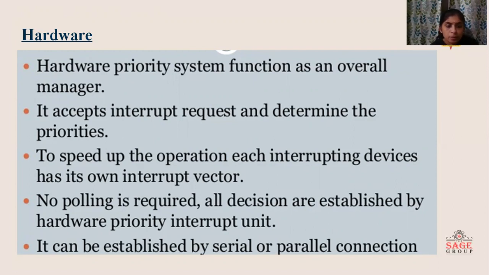It can be established by serial or parallel connection. In the case of serial connection, there is only one line between transmitter and receiver, meaning one transmission medium or channel. In the case of parallel connection, a number of transmission media are between transmitter and receiver.